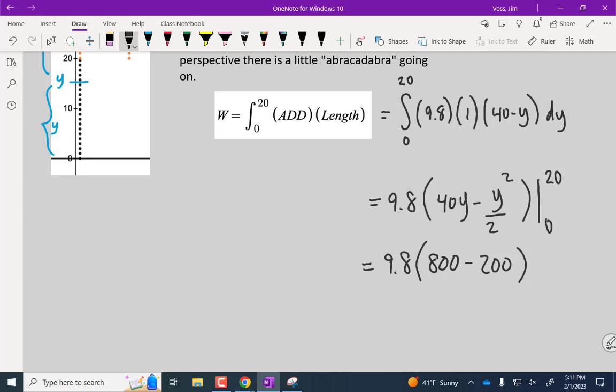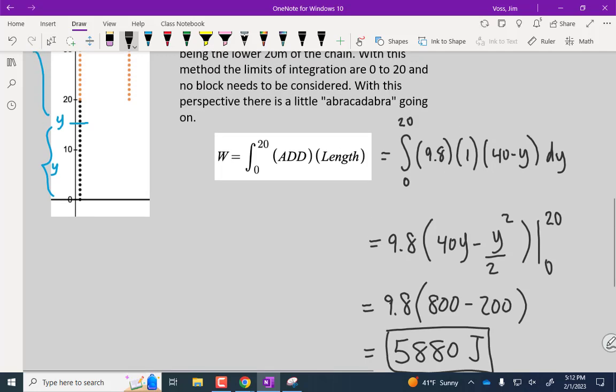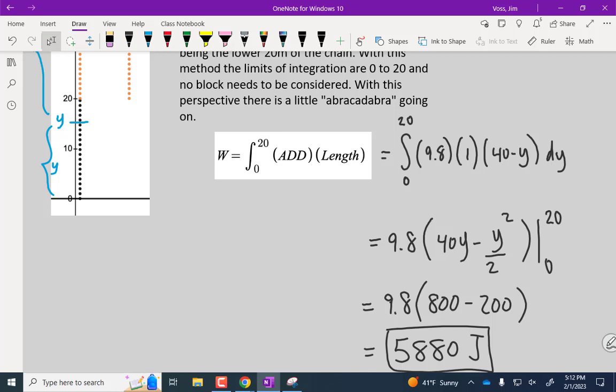And then what's that? 600 times 9.8. We should be able to do that in our head, but 5880 joules. So then, one of your tasks should be to show that you get 5880 on the other one too.